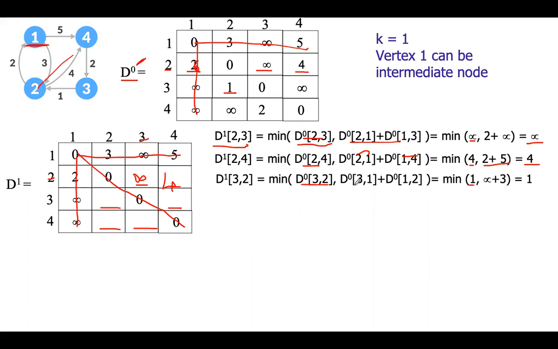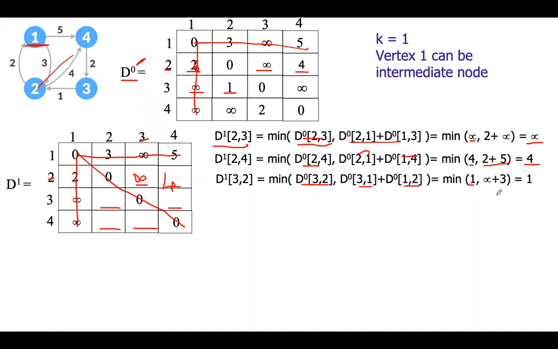And I'm trying to find out the best vertex if I go through 1. So 3 to 1 and 1 to 2. 3 to 1, there is no edge here. So 3 to 1 value is what?